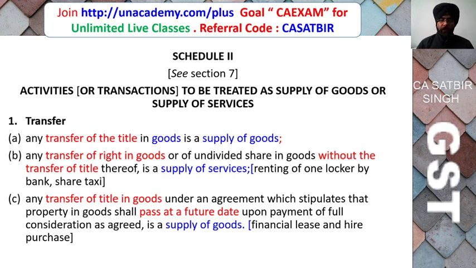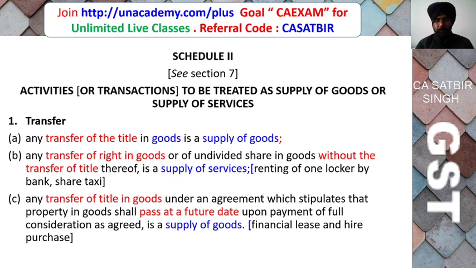So sometimes there are transactions which are of combined nature, which have both the characteristics of goods and of services. Like if services are provided in a restaurant, then on the one hand food is supplied, and on the other hand waiter services and all other services are there.